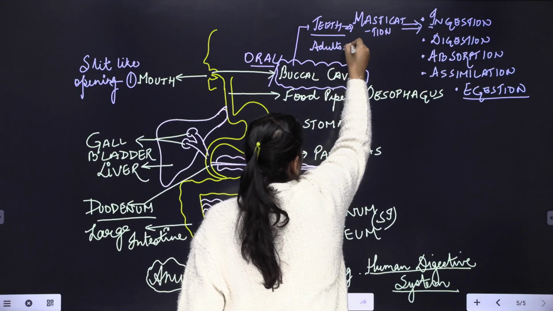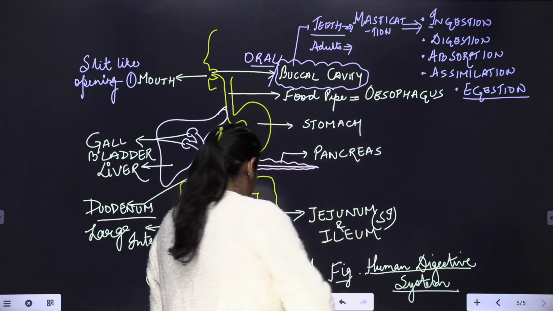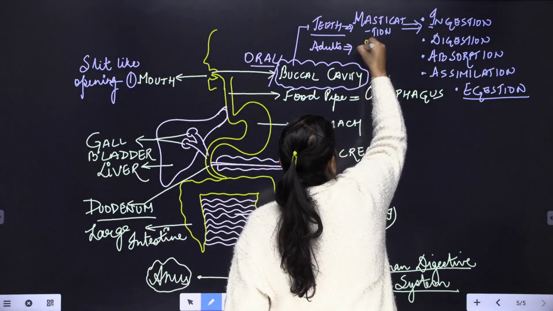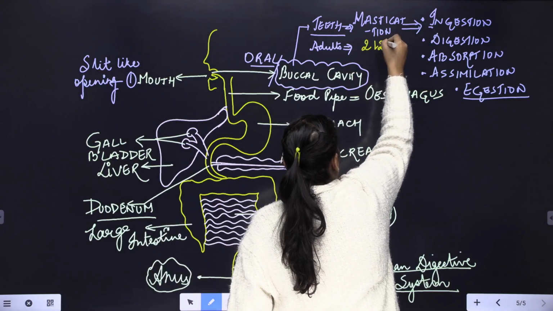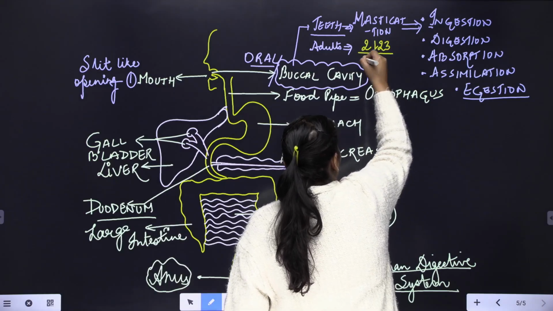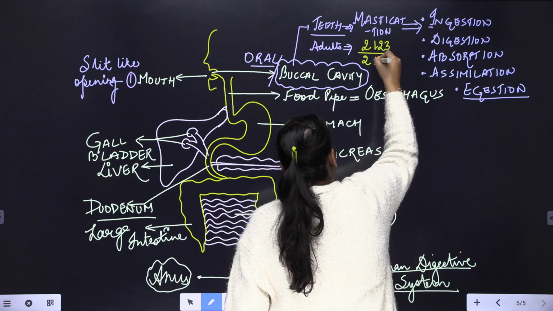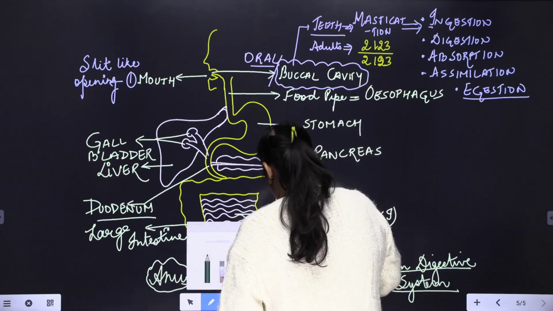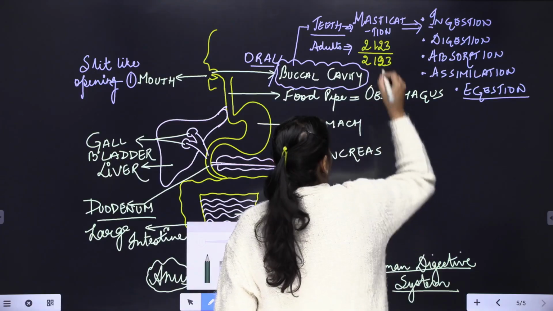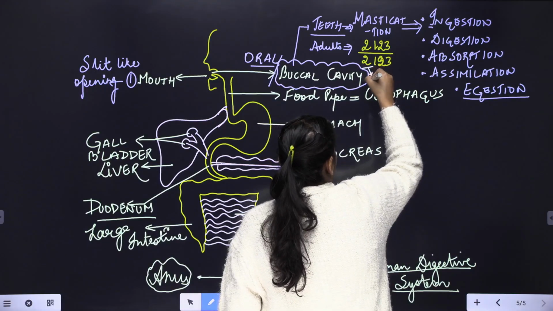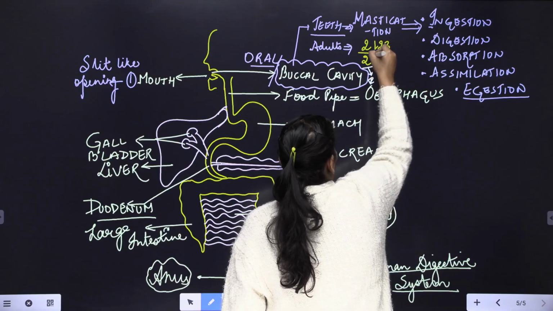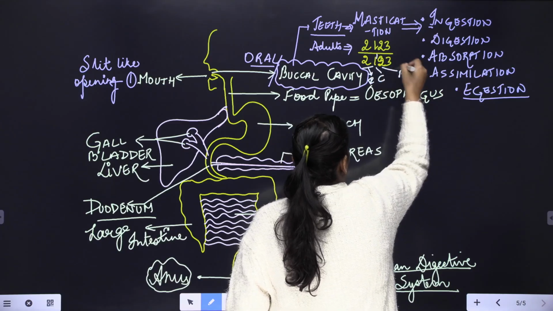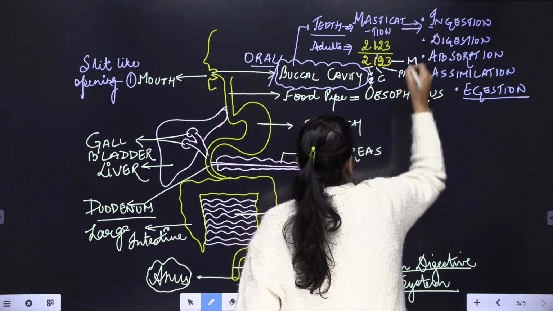the number of teeth, if I have to write, the dental formula of the upper half and the lower half is 2, 1, 2, 3, 2, 1, 2, 3. That is, the 2 is incisors, 1 is canine, again the 2 is premolar, and this 3 is molar.